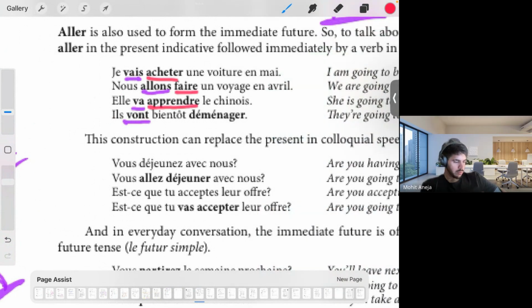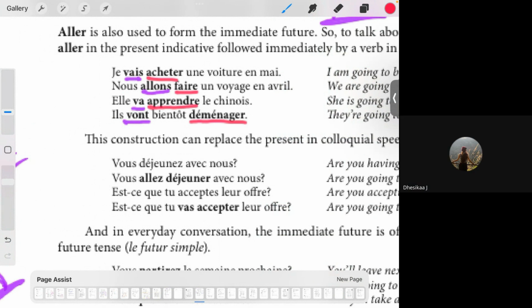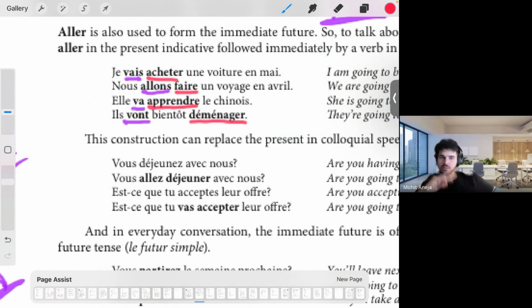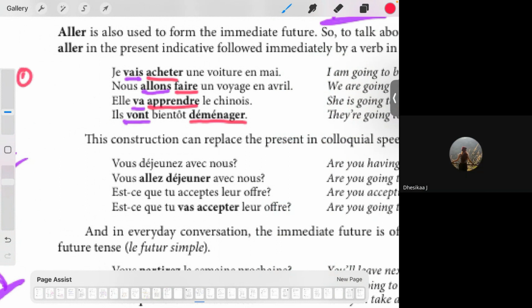What's common between the violet words? The verb is infinitive followed by something, or something followed by infinitive? After conjugating the subject with aller, the verbs are infinitive.